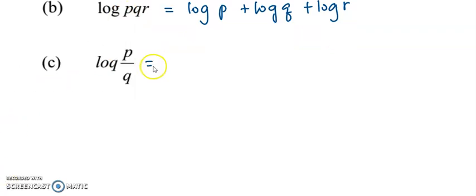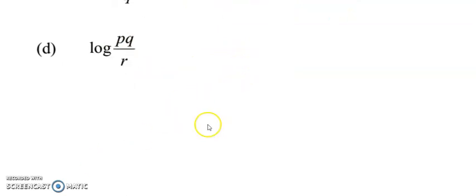Look at C. Now the operation is division. We can always write log p over q in terms of log p minus log q. When the operation is multiply, the operation here should be addition. If this is a division, then over here will be subtraction. Now we have a combination of multiply, which is p multiplied by q, and divided by r.